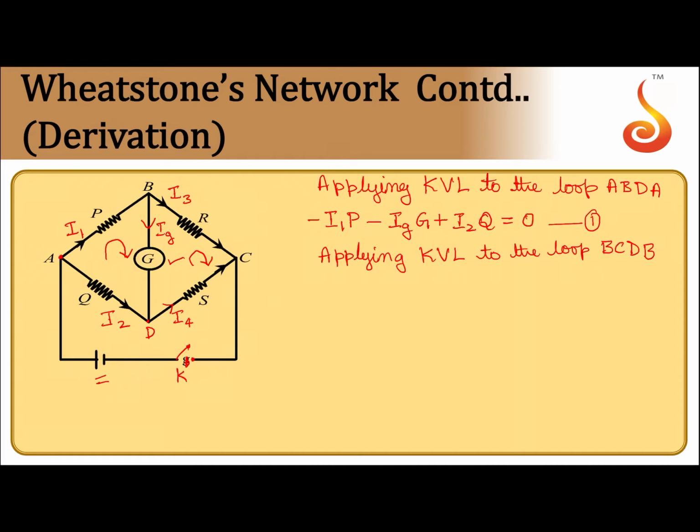B to C, we have minus I3 into R, plus, against the direction of current, C to D, it is I4 into S, plus Ig into G is equal to 0. Call it equation 2.